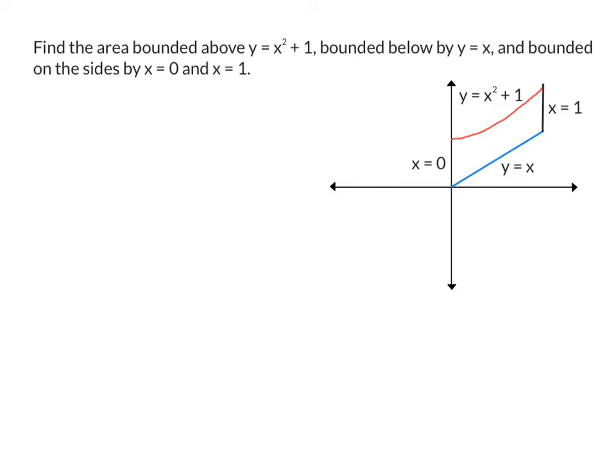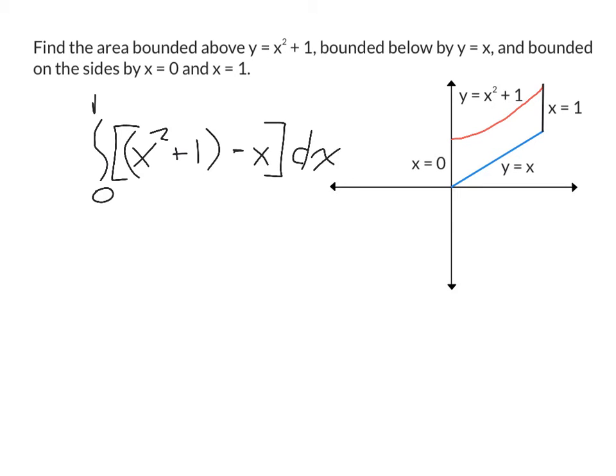And so we're capable of doing the integral from 0 to 1 of x squared plus 1 minus x dx. If we evaluate this, we should be able to find the area between the two curves that makes this weird looking shape that we have here. So let's go ahead and do that.